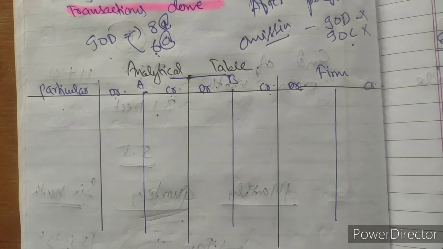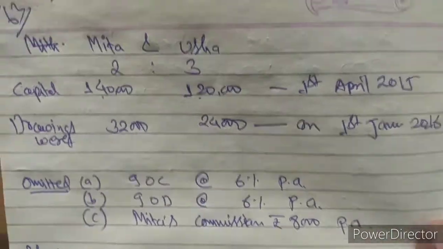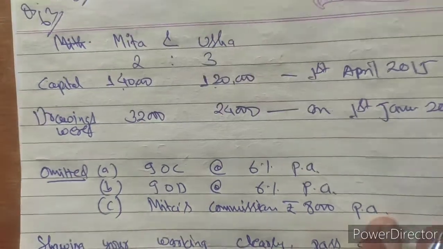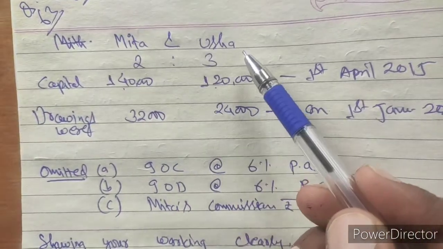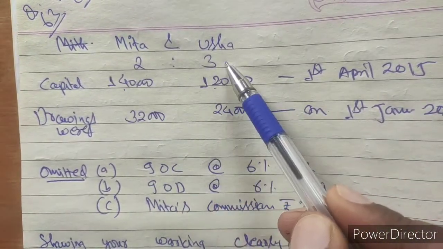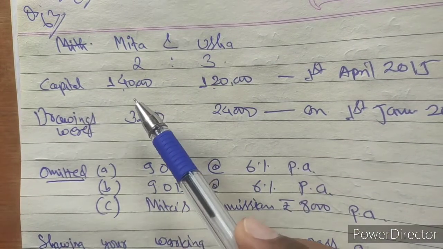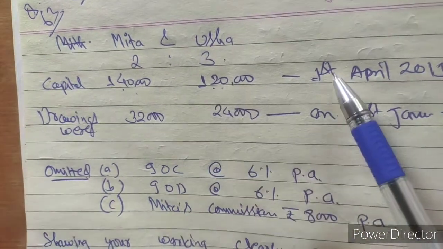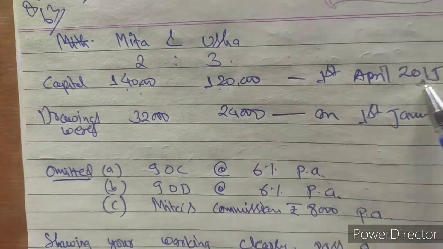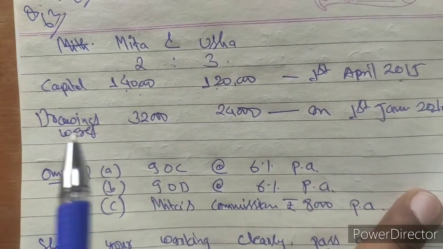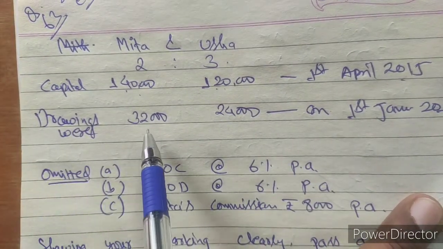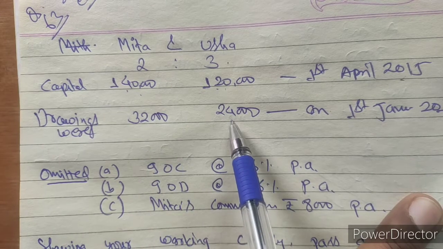What is the question all about? There are 2 partners, Mita and Usha, who are sharing in 2:3. Their capital is 1,40,000 and 1,20,000 as on 1st April 2015. Then drawings were 32,000 of Mita and 24,000 of Usha.